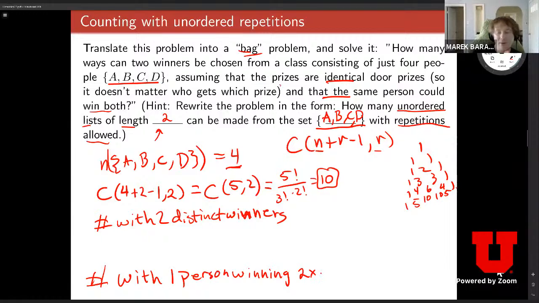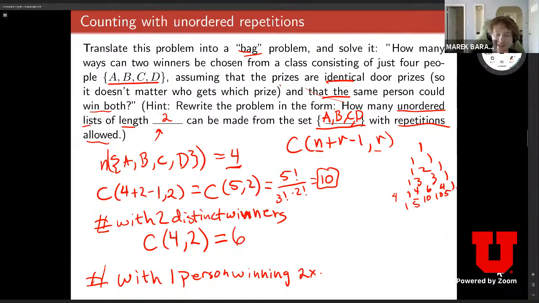So how many ways can we do this with two distinct winners? It's no longer a bag problem because we don't have repetition anymore. Yeah, so we're choosing 2 from 4. So 4 choose 2. And so this is the 4th row, 0, 1, 2, that's equal to 6.